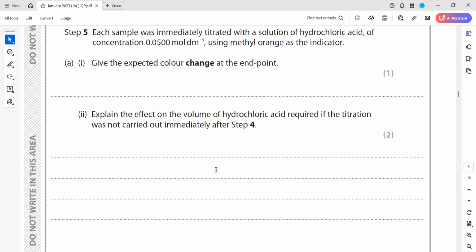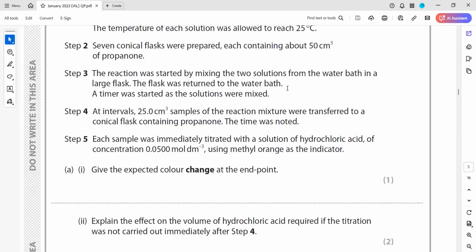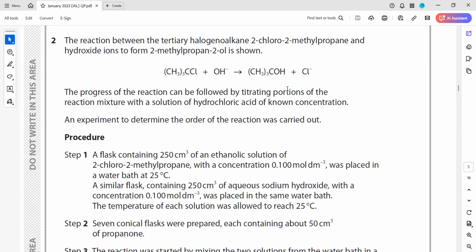The next: explain the effect on the volume of hydrochloric acid required if the titration was not carried out immediately after step 4. So if you don't carry out the titration immediately, what will happen? What will the effect be? Because this OH ion is reacting with halogenoalkane.